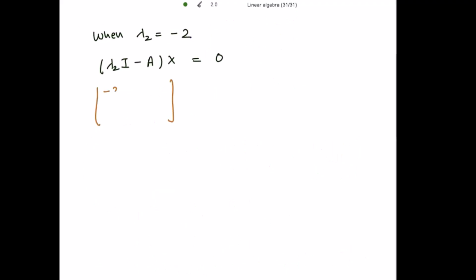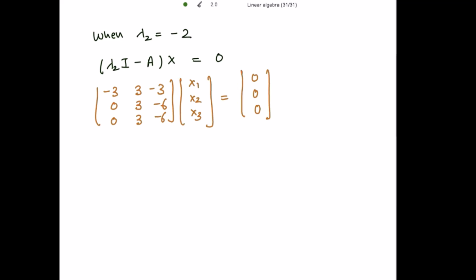For x, we are writing the column vector x1, x2, x3 equals 0, 0, 0. Right?